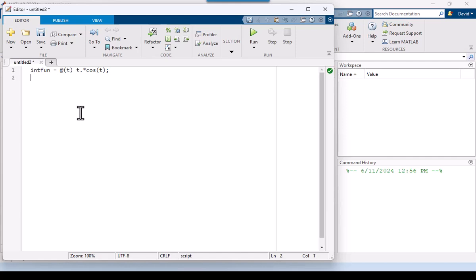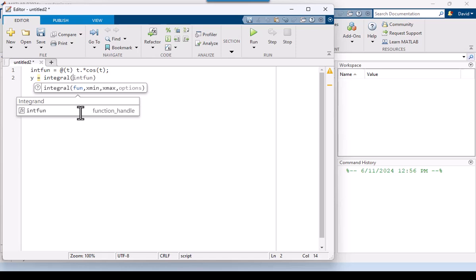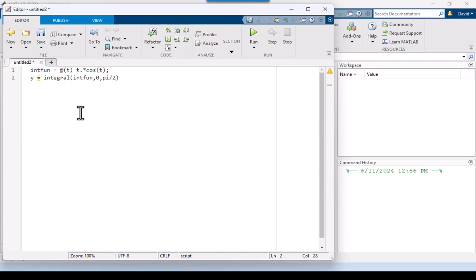And then we're going to say that y is equal to, using the built-in function integral of int fun, and we'll say take it from 0 to pi over 2. So it's going to integrate this function of t from 0 to pi over 2.